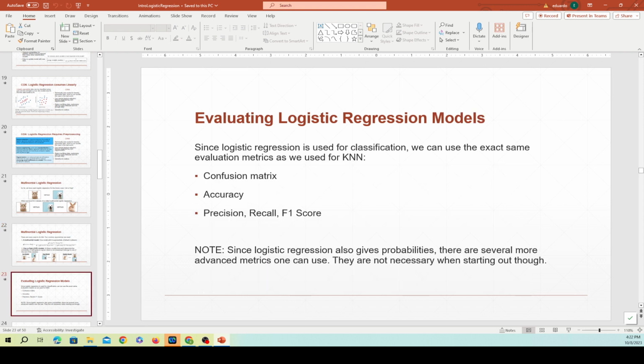So now that we know what logistic regression means, how can we measure the precision of our prediction? Since logistic regression is used for classification, we can use the exact same evaluation metrics as we use for k nearest neighbor: the confusion matrix, the accuracy, precision, recall, and F1 score.